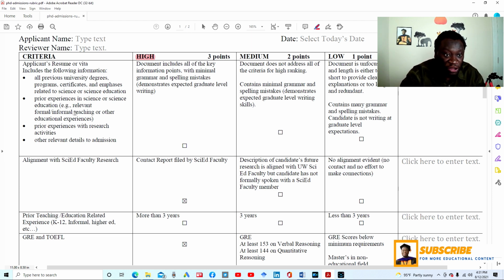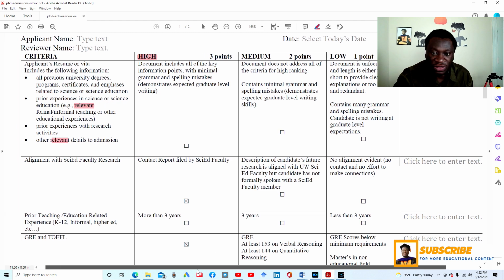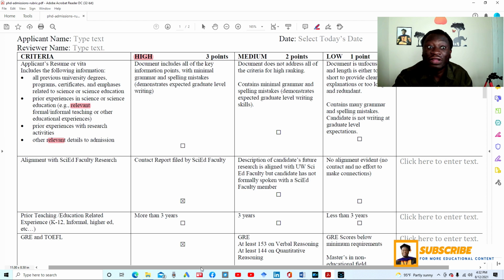So all your formal or informal teaching or other educational experiences. Now they want to see as well your research activities. We've always talked about how important that is for grad school. And you can see any other relevant details. Keyword: relevant. So you can choose to put your experiences, maybe work experience, but if it's not so relevant to the position, it might not be very helpful.